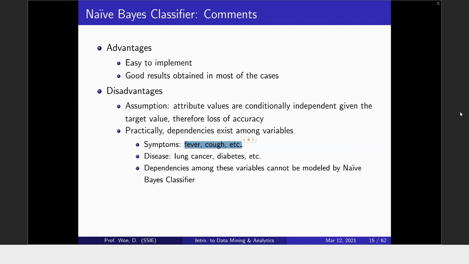If you have strong observations of independence, then it's easy, and you can simply apply the Bayes classifier as one of your major classifiers. So that is about the Bayes classifier.